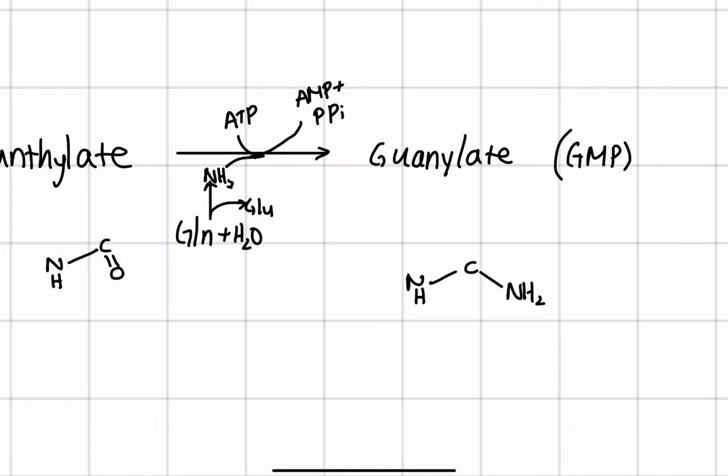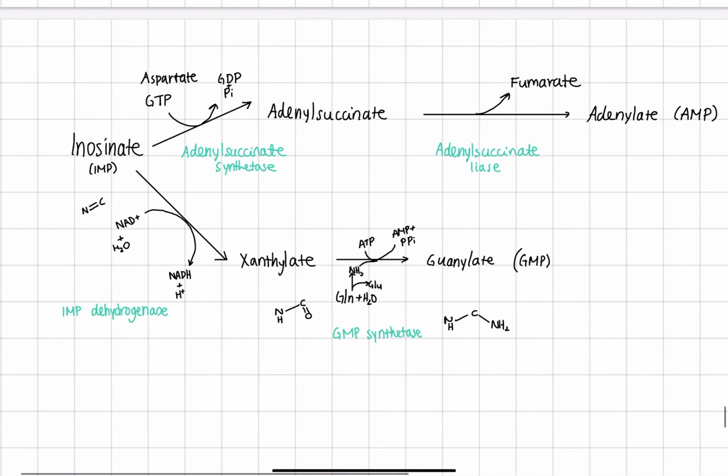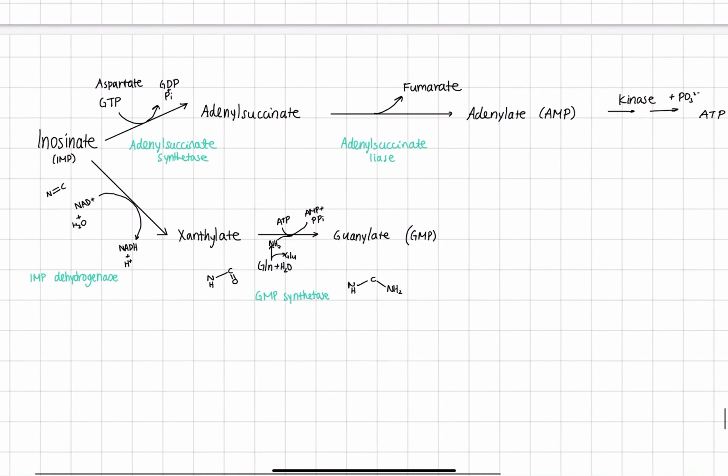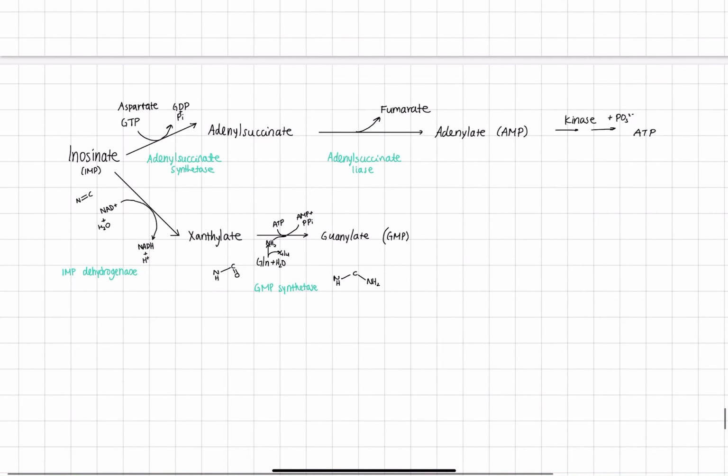And here, well, you can still guess the enzyme name. You're forming GMP. So it's called GMP synthetase. Voila. Here you get the full picture of how you can form AMP and GMP.